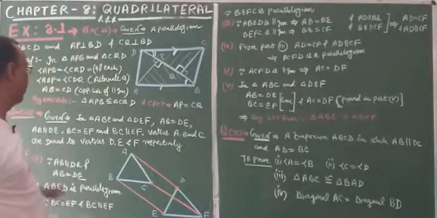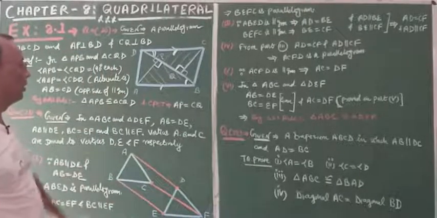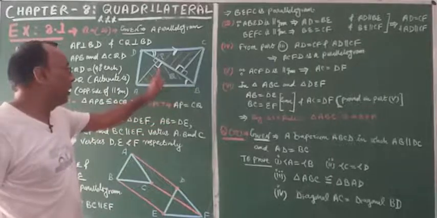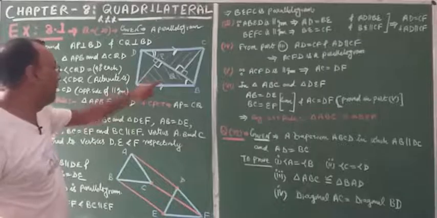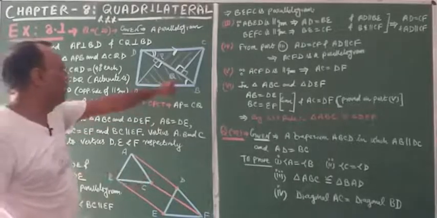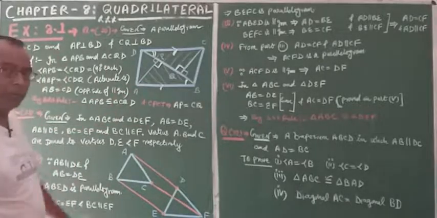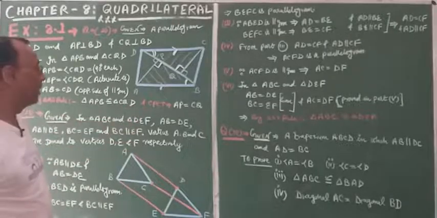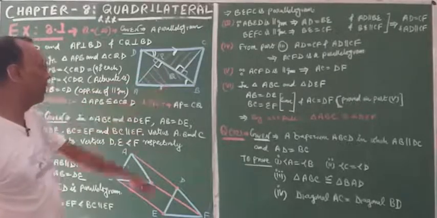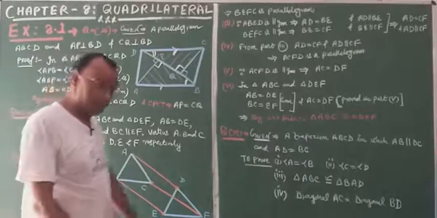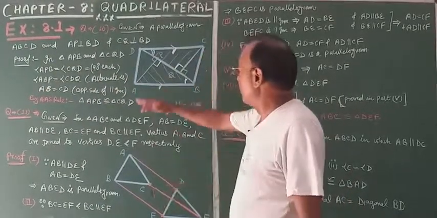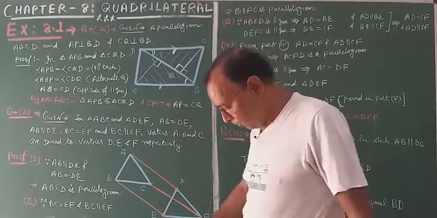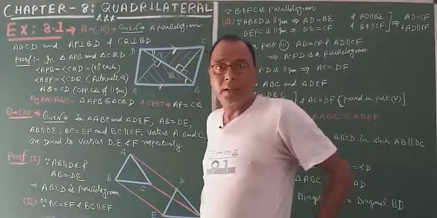Now, by the AAS rule, the angle angle side rule, triangle APB is congruent to triangle CQD. Then by CPCT, AP will be equal to CQ.